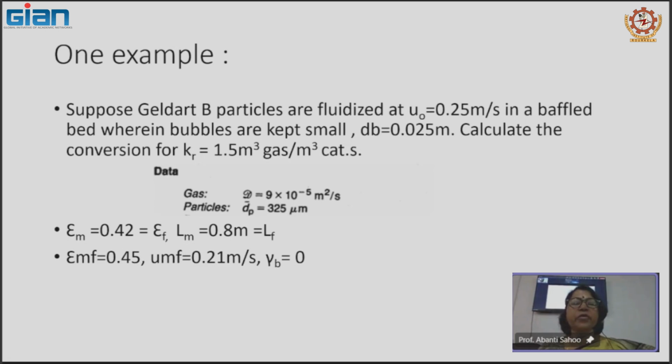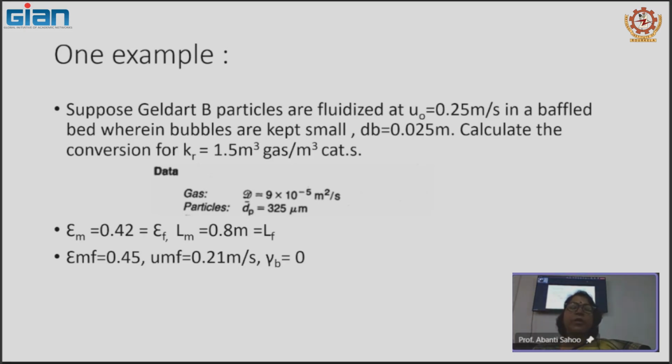Suppose Geldart B particles are fluidized at a fluidization velocity of 0.25 meter per second in a baffled bed, where the bubbles are kept small and the bubble diameter is 0.025 meter. We have to calculate the conversion. The reaction rate constant is 1.5 meter cube of gas per meter cube of catalyst per second.